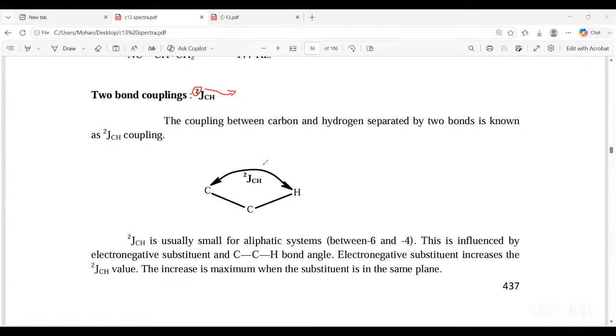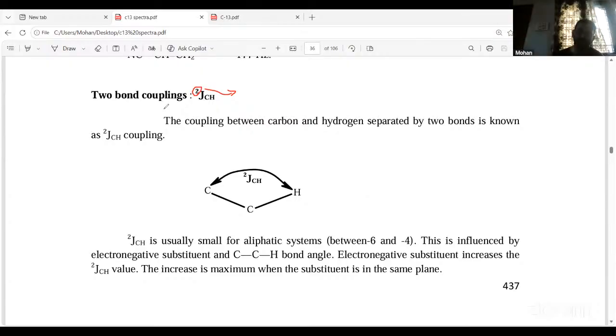Intervening bonds means the bond separation: the atoms separated by how many bonds. So two means there are two intervening bonds between the coupling atoms. You see this carbon couples with this hydrogen.